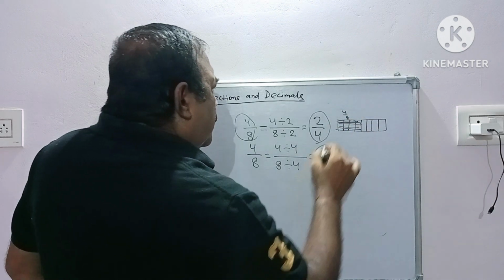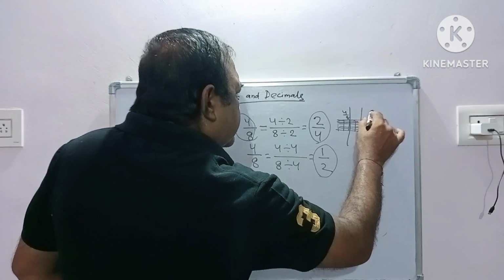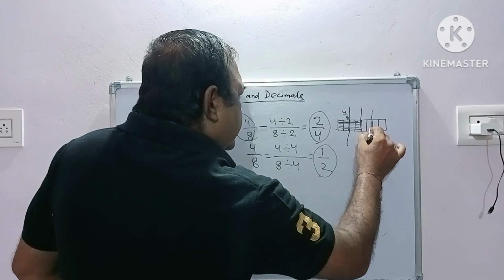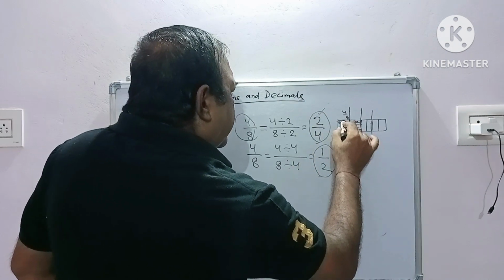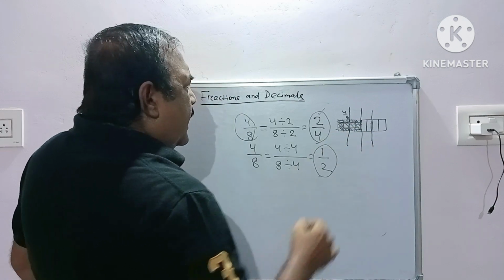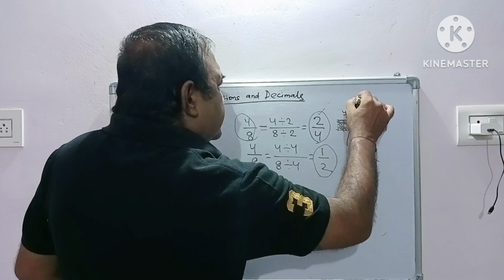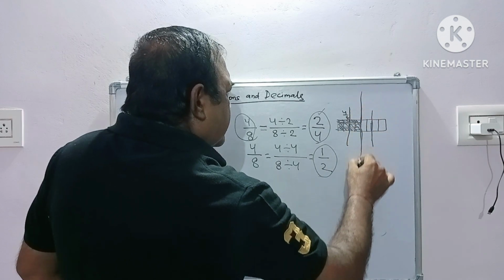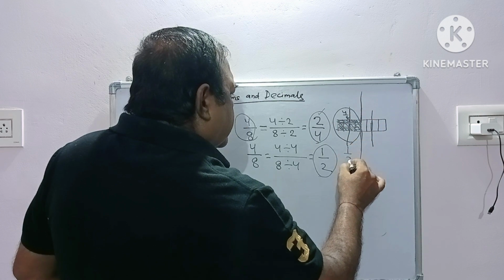If I divide it into 4 equal parts, like this, and I have to take 2 parts. Again I am taking the same part. Okay, and if I divide into 2 parts, I am taking also this part. This is also 1 upon 2.